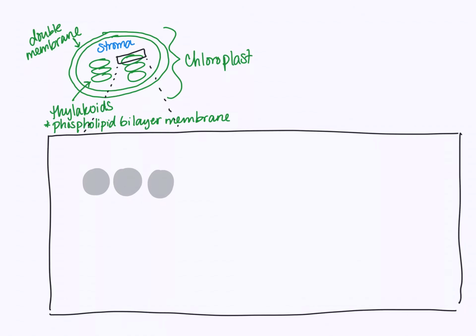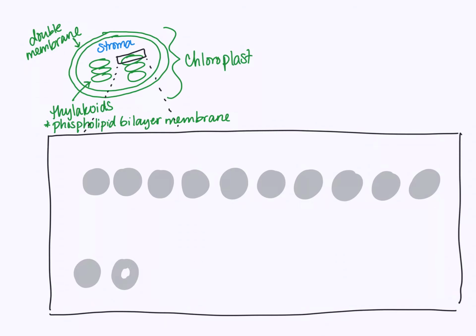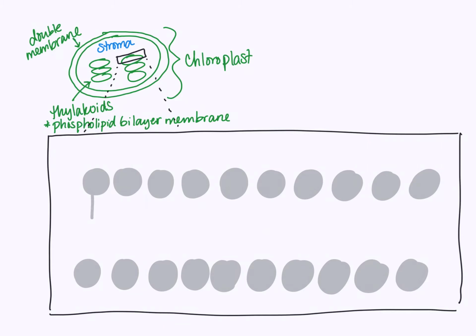So our phospholipid bilayer has these phosphate heads and these lipid tails that stick down into the middle.